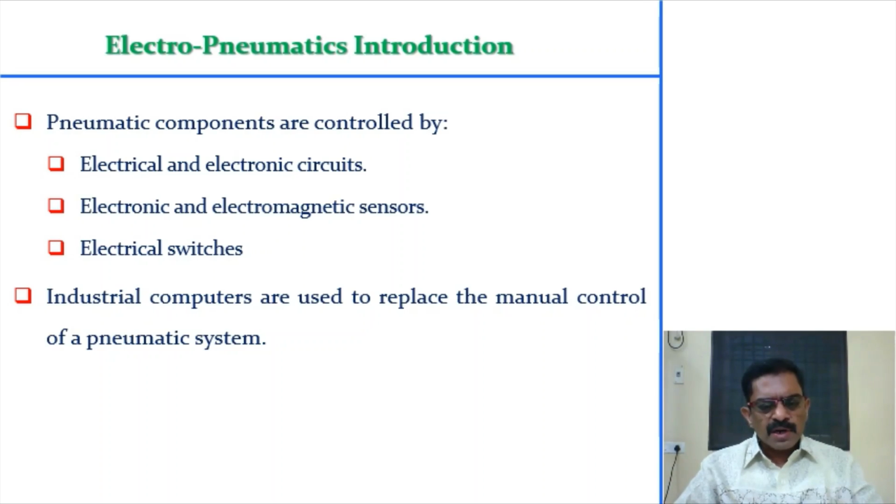So that is very important. A centralized computer is used to perform these control actions. So here all these electronic components as well as electrical switches, relays, everything we have seen in earlier unit, and today quickly we shall refresh, and we shall start the designing part in this electro-pneumatics.